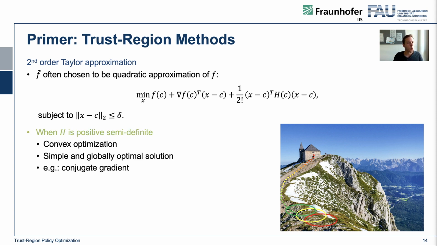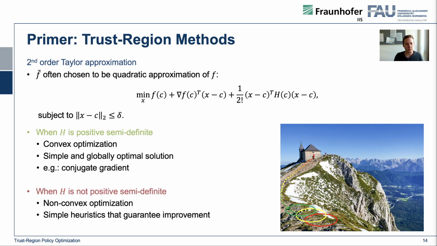However, if your Hessian matrix is positive semi-definite, you can just do a convex optimization. So there's a simple and globally optimal solution that you can find with algorithms such as conjugate gradient, which is also part of trust region policy optimization.